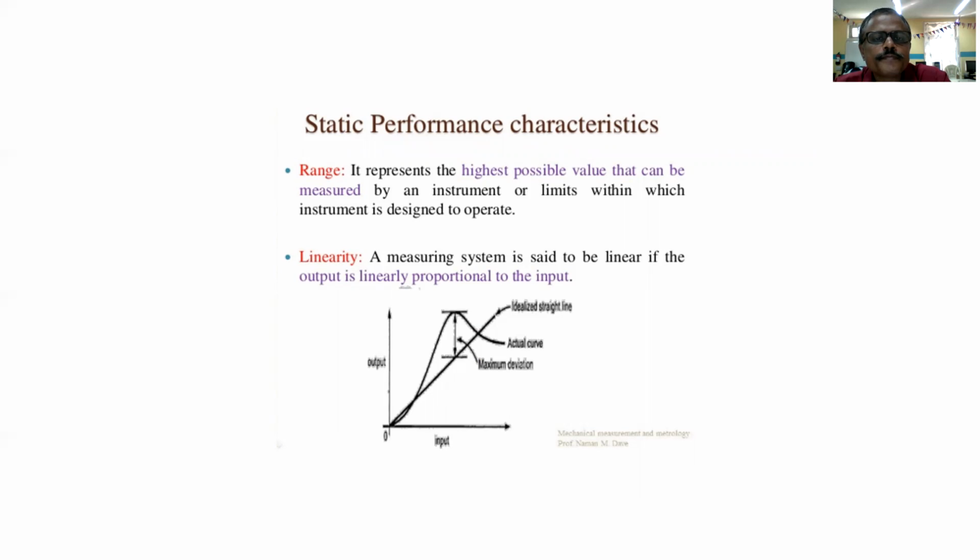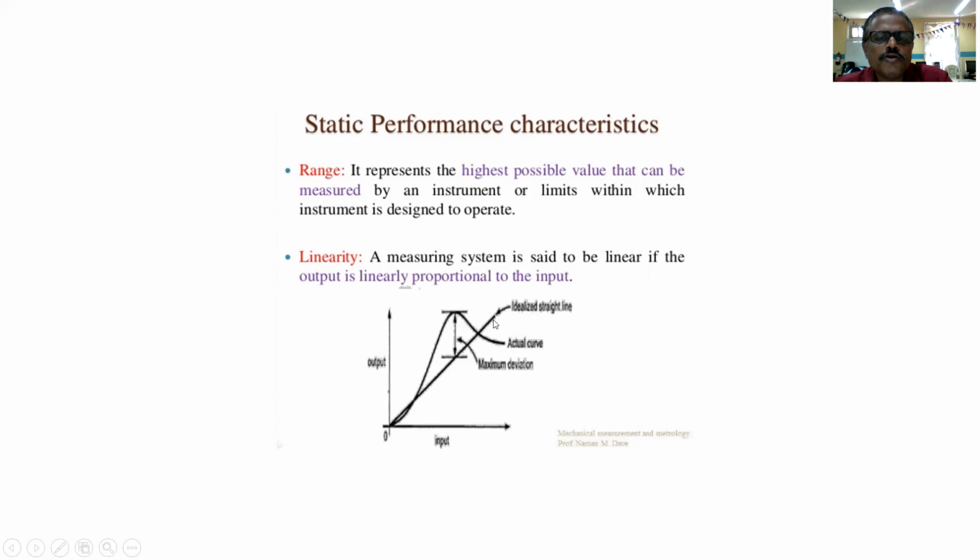Linearity. If the output is proportional to the input, where input is the x-axis and output is the y-axis, then it is called linear. You can see the two graphs here. The straight line, that is this one, shows the ideal straight line.